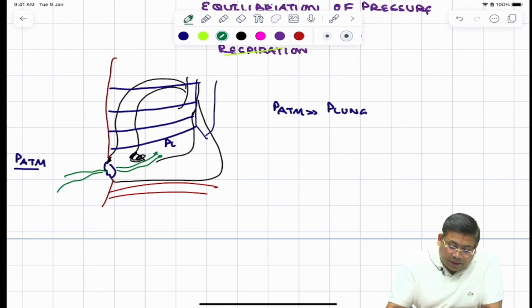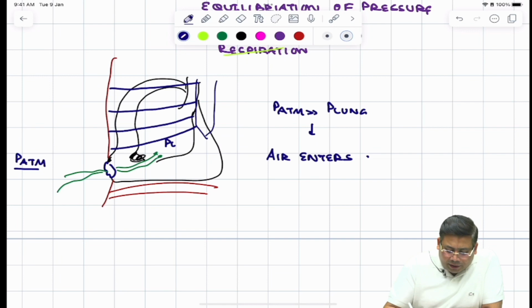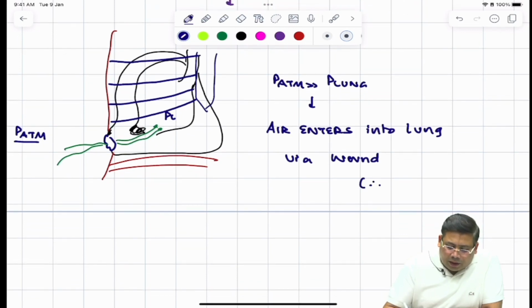So remember, this is very important. Since the P atmosphere is more than P lung, the air enters into the lung via what, students? Via the wound, and this is the reason why it is known as what, students? Sucking chest wound. Is this clear?